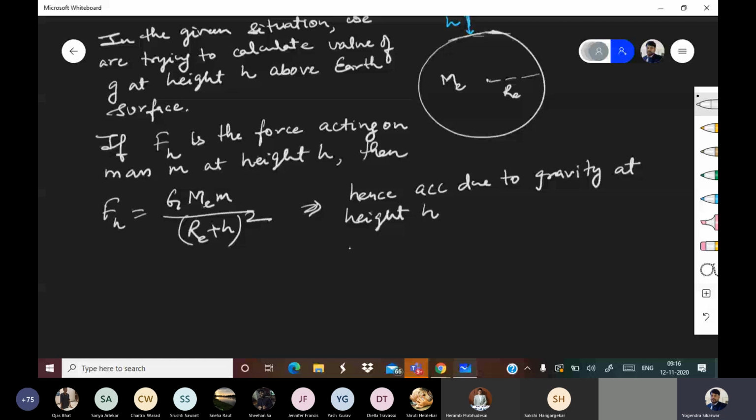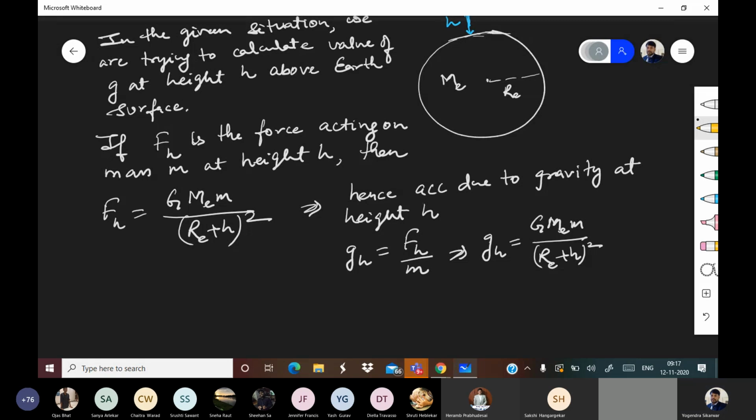So gh is equal to Fh upon m, and that will give us gh is equal to G Me m upon (Re plus h) whole square divided by m.